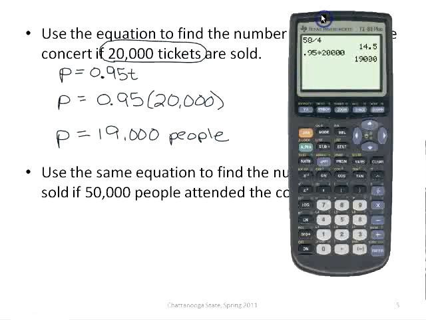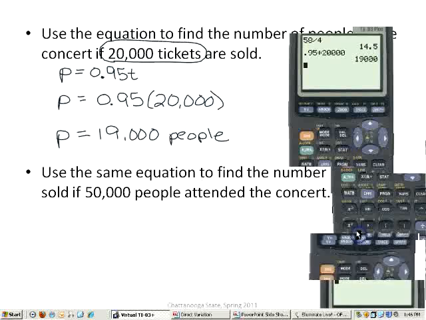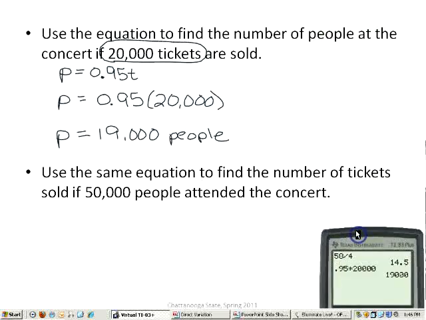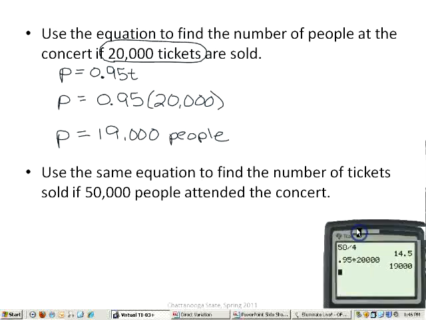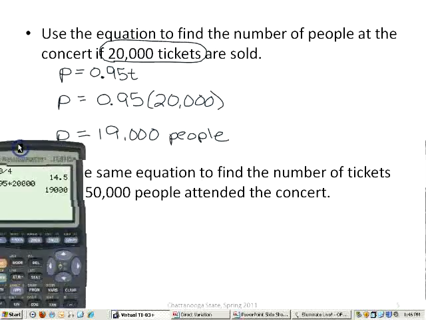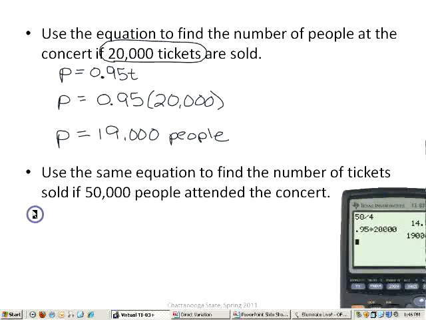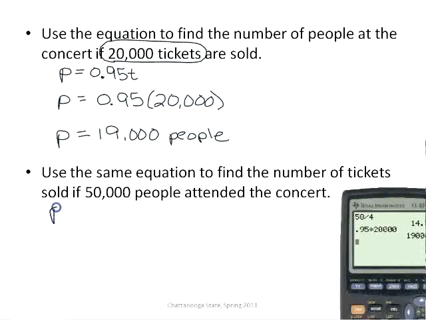Now the second part of this problem says use the same equation to find the number of tickets sold if there were 50,000 people attending the concert. So this time I use the same basic equation.